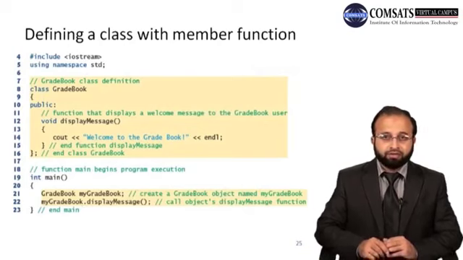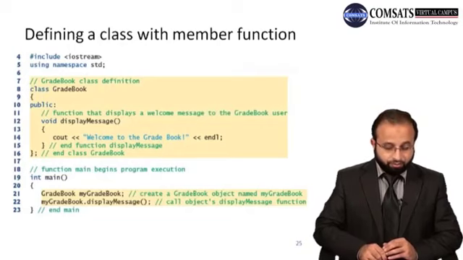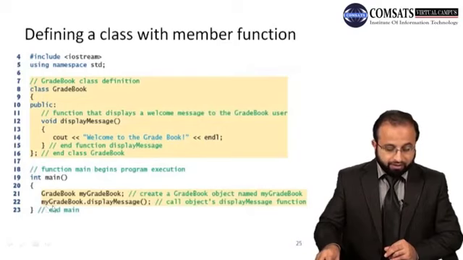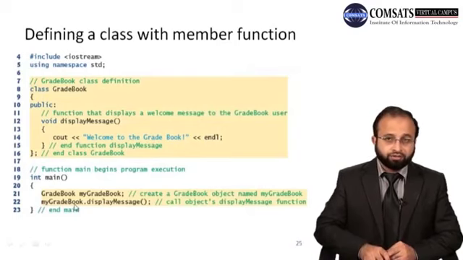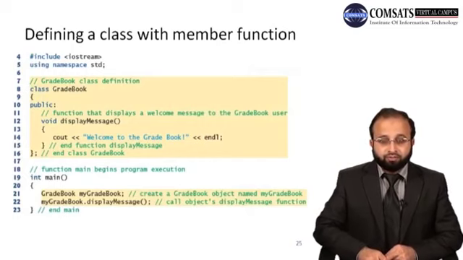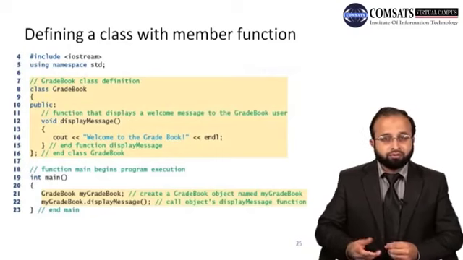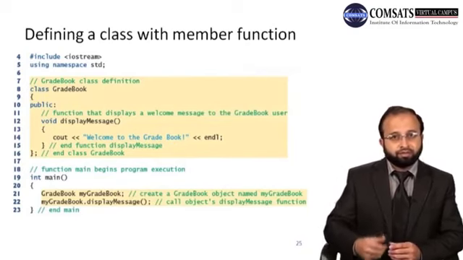Can you think of why it is not possible to call the displayMessage function without this object myGradeBook? If you do so, it will give an error. But why is it not possible to call the member function of the class without the object? This is a function. We know how to call a function from the previous course, so why can't we just simply call that function?